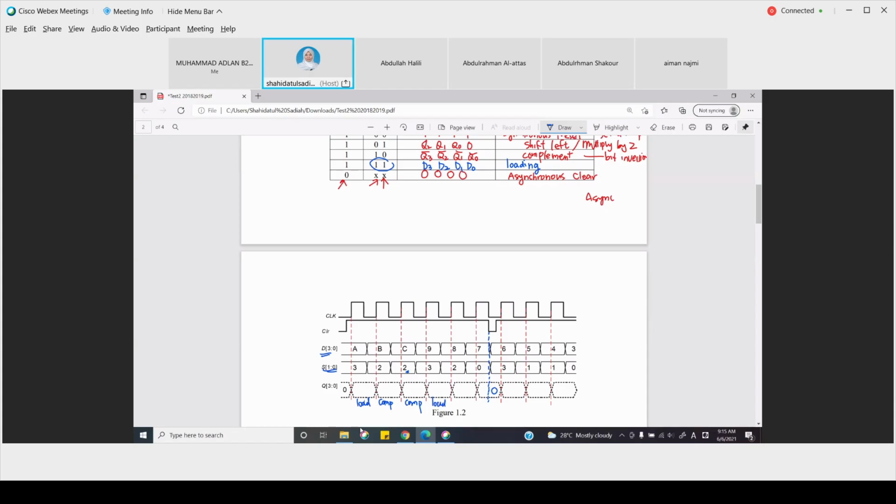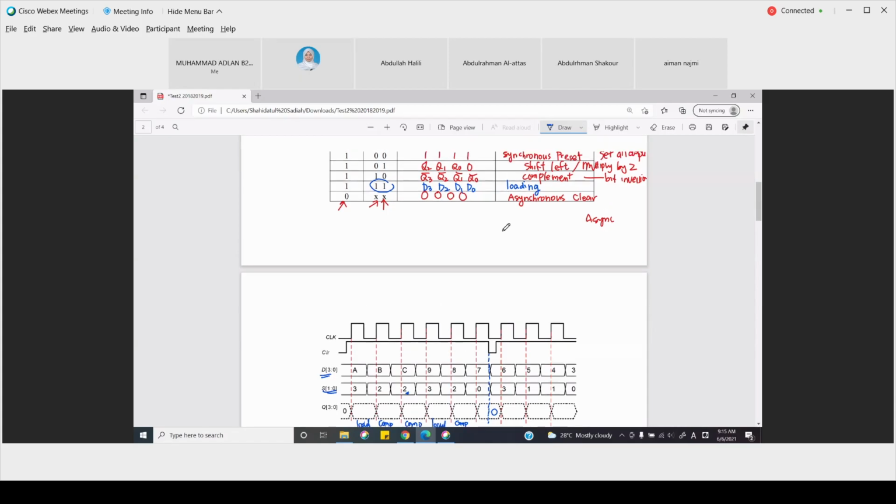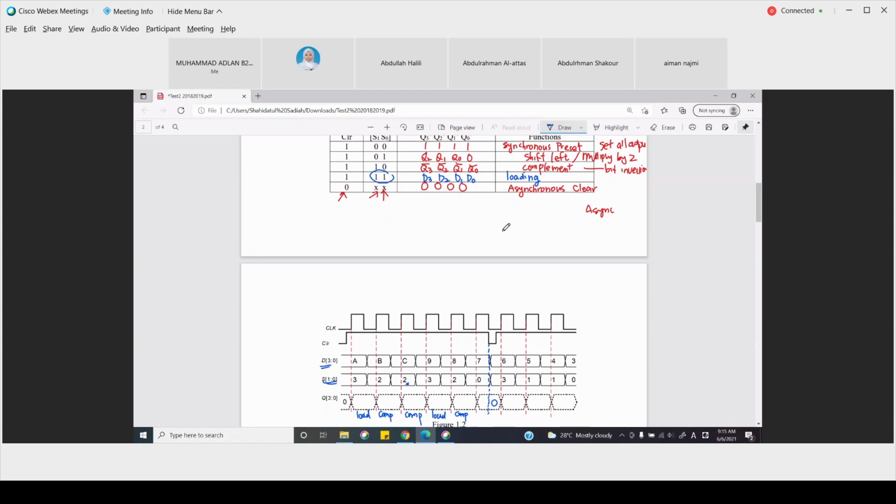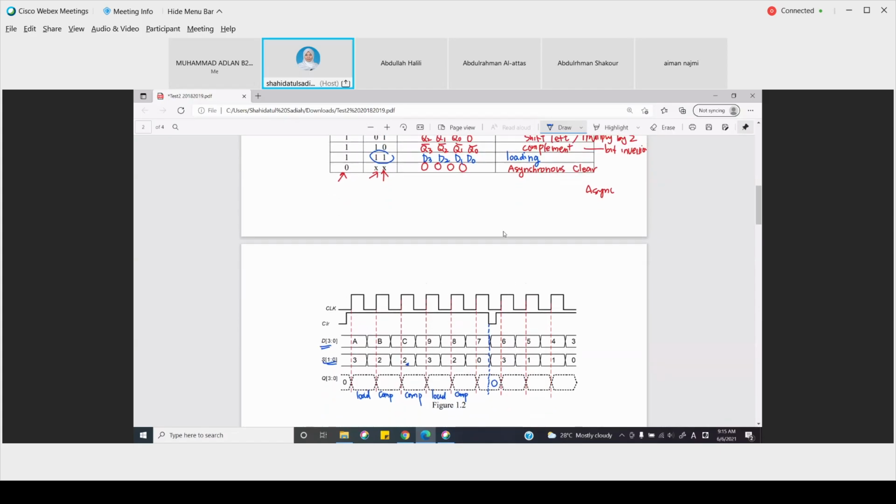At this clock cycle, 2 is complement. At this clock cycle is 0, preset. And then clear. And then at this clock cycle, S1, S0 is 3, loading.